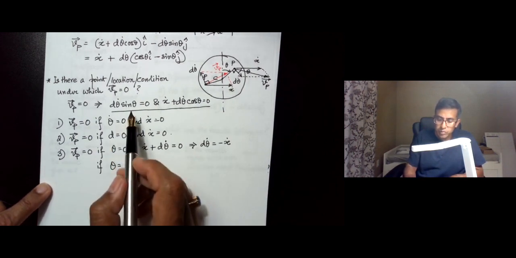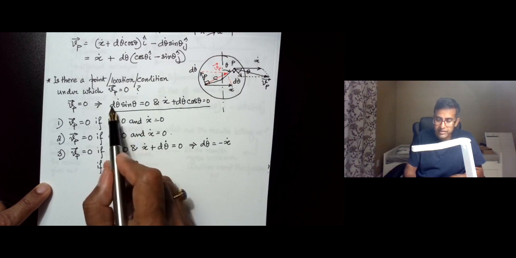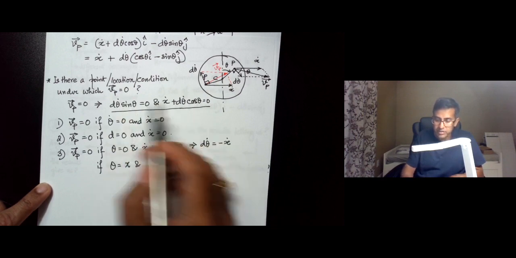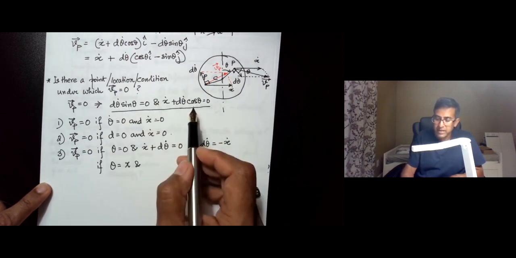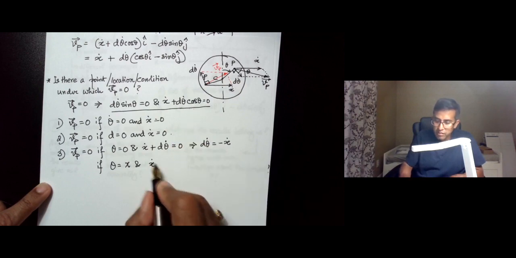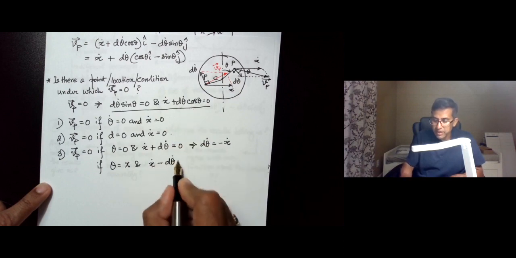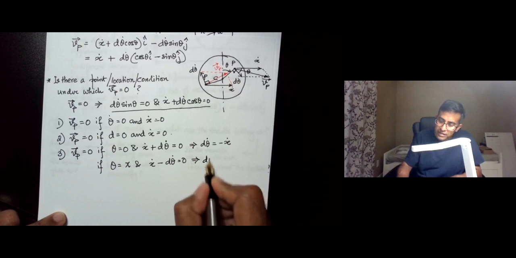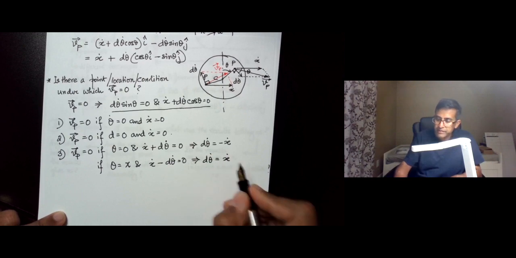When theta is equal to pi, d theta dot sine theta becomes equal to 0, so this part is fine, and then x dot minus d theta dot becomes equal to 0, which means that here d theta dot is equal to x dot.